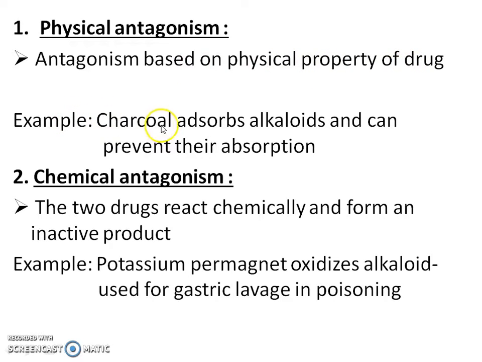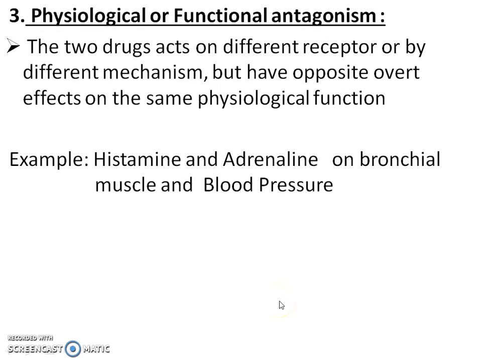For example, charcoal adsorbs alkaloids and can prevent their absorption, which is useful in alkaloid poisoning. In chemical antagonism, the two drugs react chemically and form an inactive product. For example, potassium permanganate oxidizes alkaloids, used for gastric lavage in poisoning.